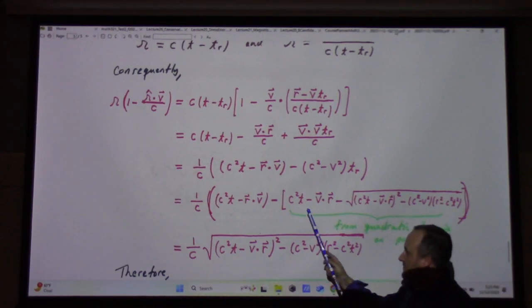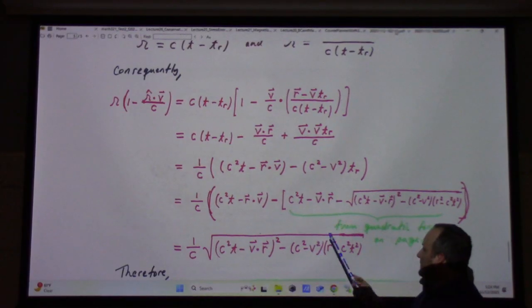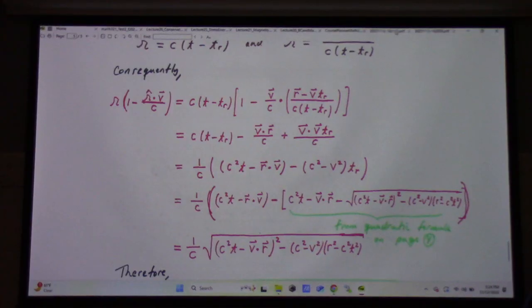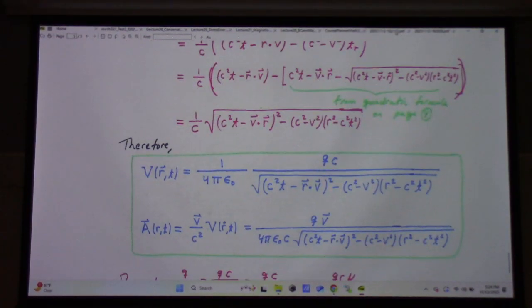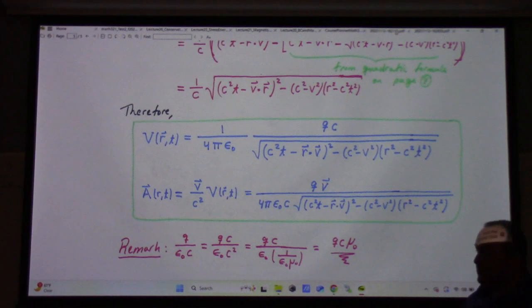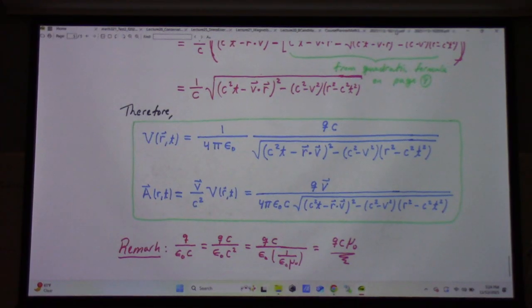Thankfully, some stuff cancels, and it leaves you this lovely root with a 1 over c. And that brings us to the Lienard-Wiechert potentials for a constant velocity particle starting at the origin with charge q. So that's the voltage and the vector potential for a point charge moving with constant velocity v.